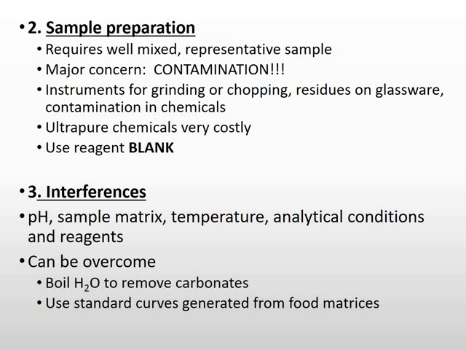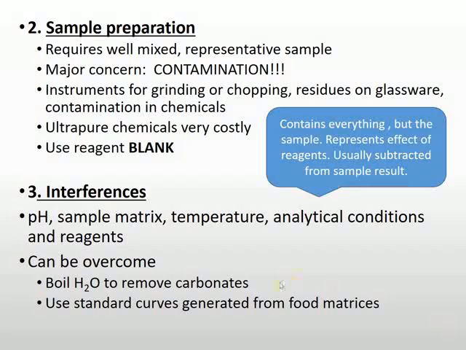Okay, so let's say when you are measuring a blank, you have a procedure whereby you have all the chemicals. You are reacting your sample with your sodium nitrate, your nitric acid, everything.